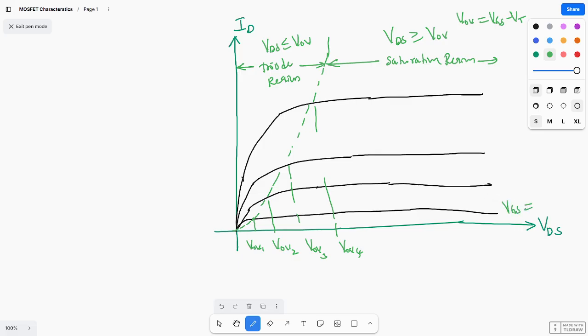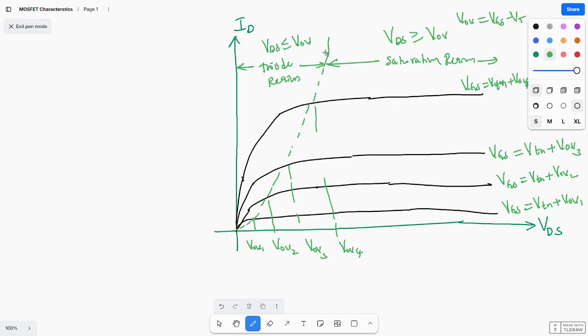Here VGS equals VTN, threshold voltage, plus VOV1; here VGS equals VTN plus VOV2; here VGS equals VTN plus VOV3; and here VGS equals VTN plus VOV4.